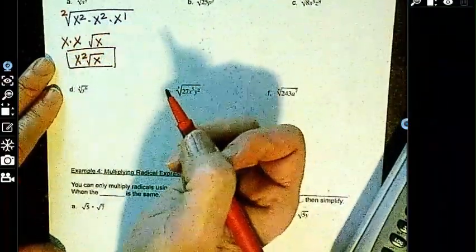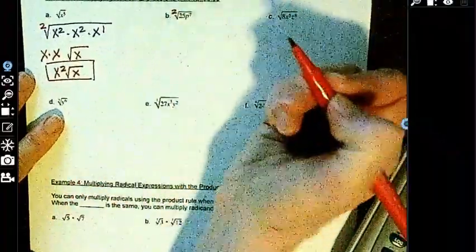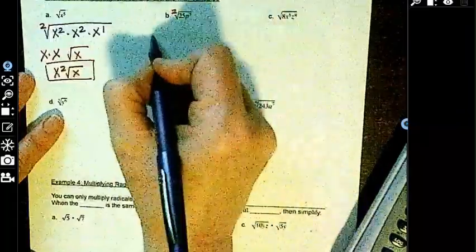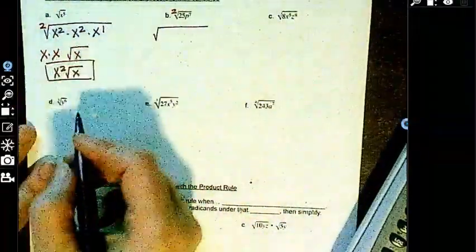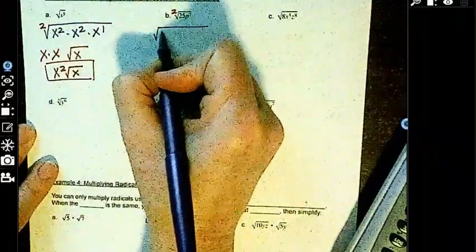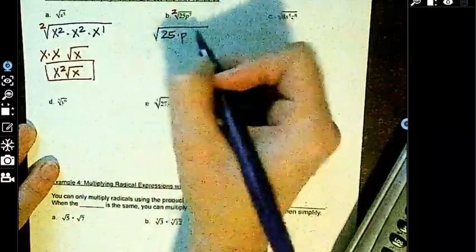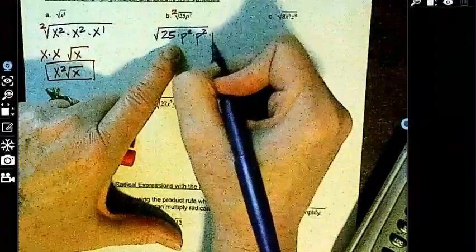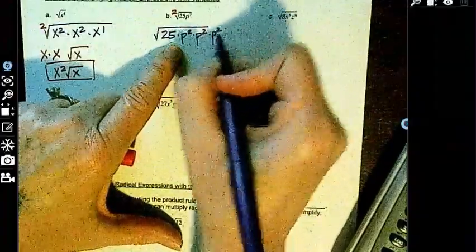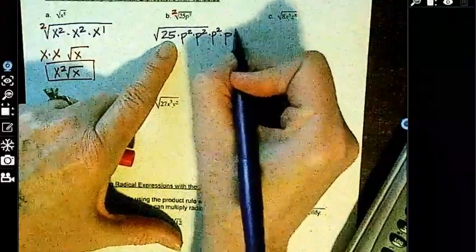Let's do it again. All right, this index is 2. So I'm going to break this down into factors that I know I can pull out. And so I've got the square root of 25 times p squared times p squared times p squared times p. The exponents have to add to 7, because when I multiply these, I get p to the 7th.